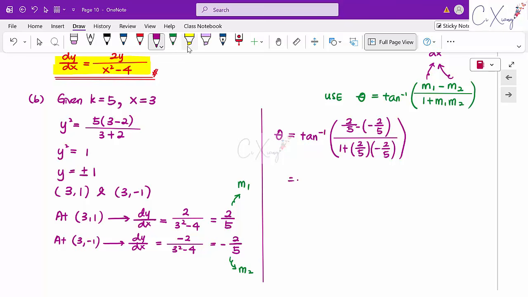Simplify the number on top, you'll be having 4 over 5. Simplify the number at the bottom, you'll be having 21 over 25. Okay, then press calculator. By right, your answer should be tangent inverse 20 over 21.